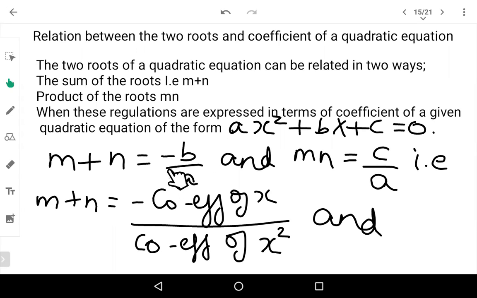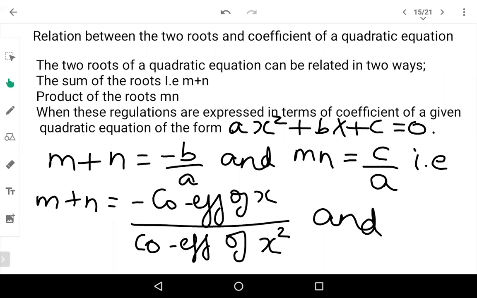So minus b by a, and m into n, the product of the roots, is c by a, that is again the coefficients c and a. c is the constant, sorry, not coefficient. c is a constant and a is the coefficient of x square. So c by a.